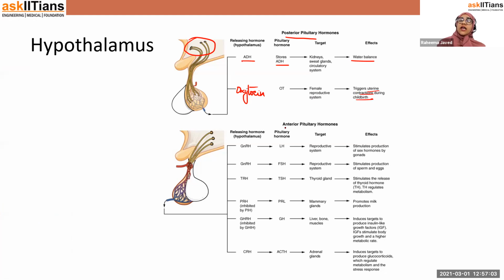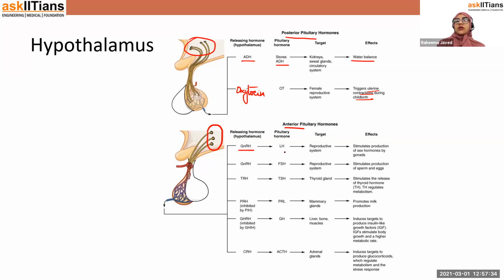Then we come to the anterior pituitary. You can see how the anterior pituitary is connected to the hypothalamus via neurons only. There are releasing hormones that are secreted by the hypothalamus. GnRH is gonadotropin releasing hormone. Wherever RH is written, it can be expanded as releasing hormone.